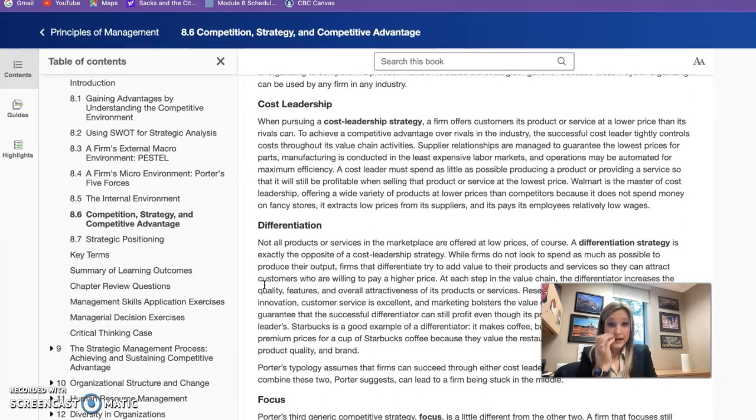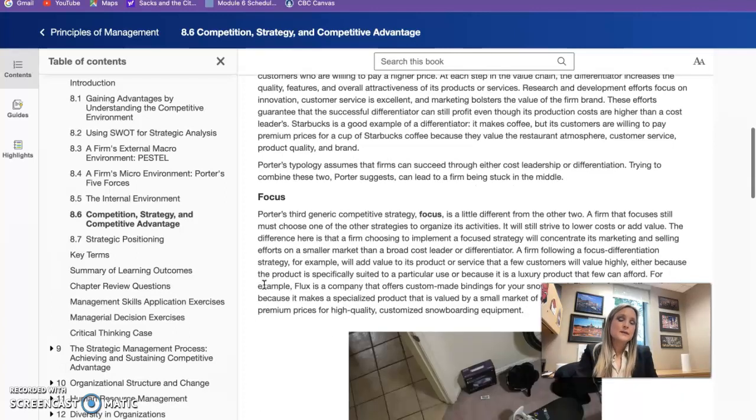Differentiation strategy is not necessarily always the lowest cost, but how can you differ from other firms? What are you doing differently? That's what this strategy focuses on. The third one that we talk about in Porter's forces is focus.